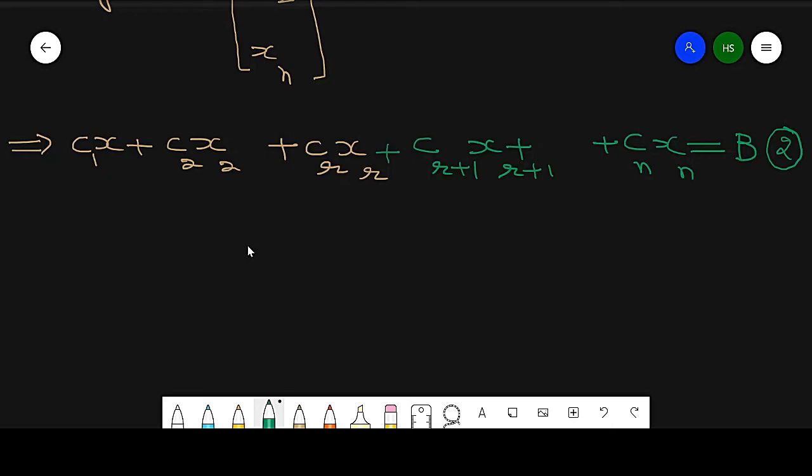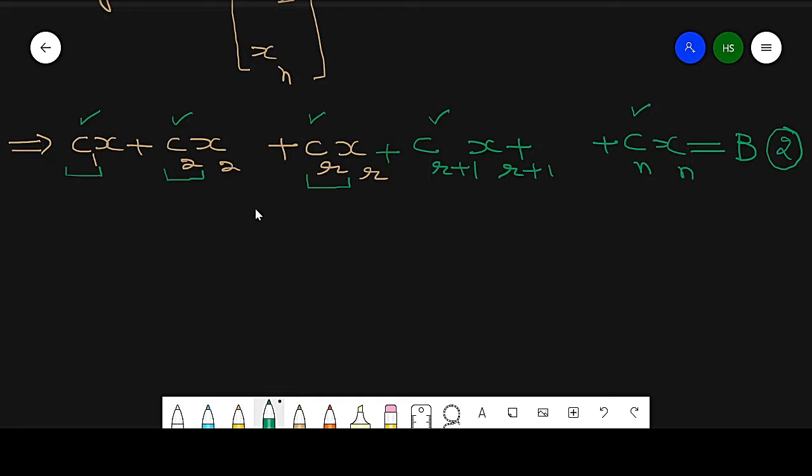Now the first R columns are linear independent and the next ones are linear dependent. So it means that C1, C2, CR plus 1, up to Cn, taken all together, are linear dependent, and the first ones, C1, C2, up to CR, are linear independent.